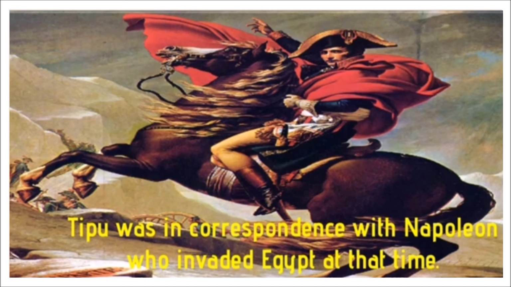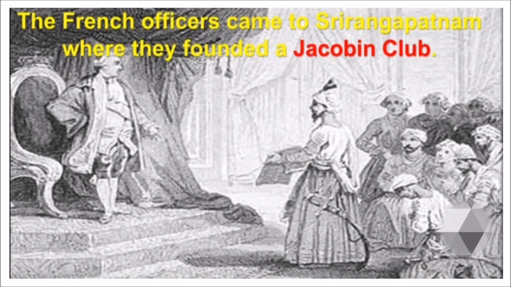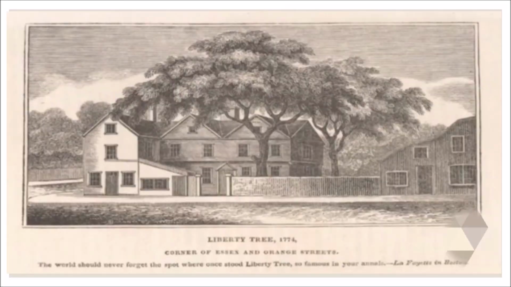The French officers came to Srirangapattinam to support Tipu Sultan, and they founded a Jacobin club. They also planted the Tree of Liberty at Srirangapattinam, and this was the major reason for the Fourth Anglo-Mysore War.